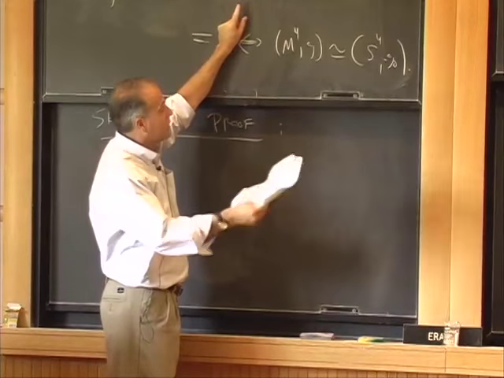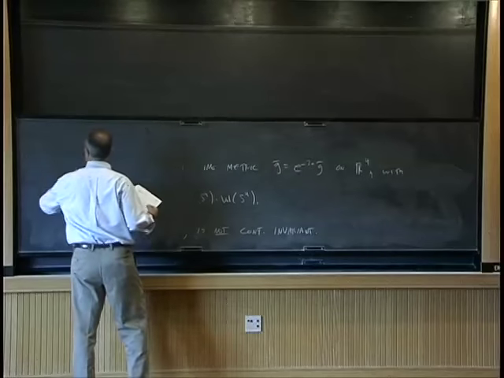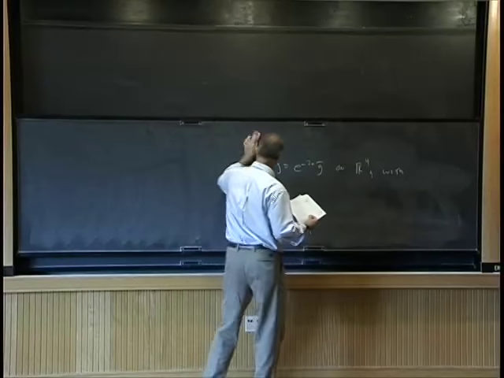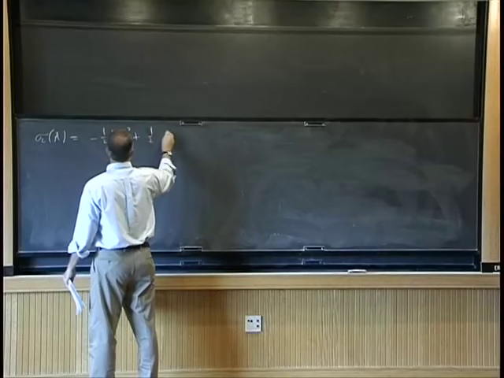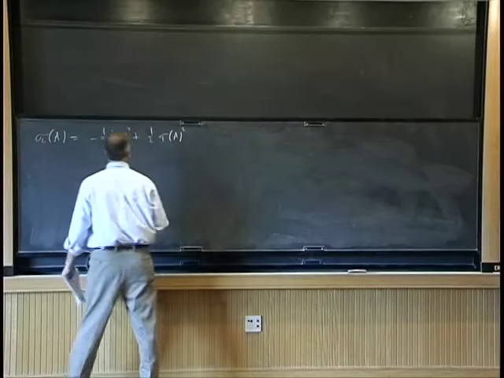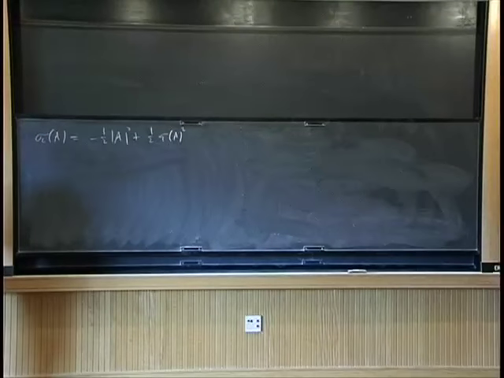So let me do that. Let's write the following. Let me give myself some more room here. So sigma 2 is minus 1/2 the norm squared of A plus 1/2 the trace of A squared.